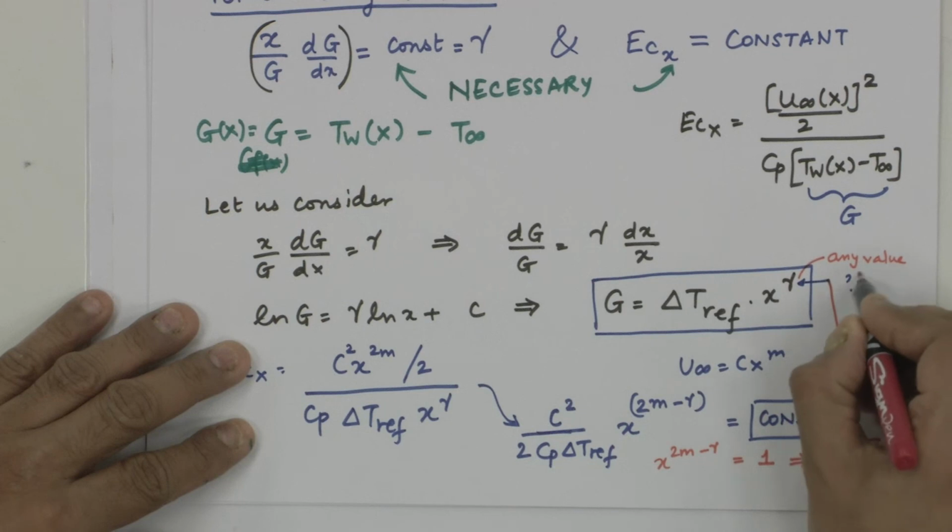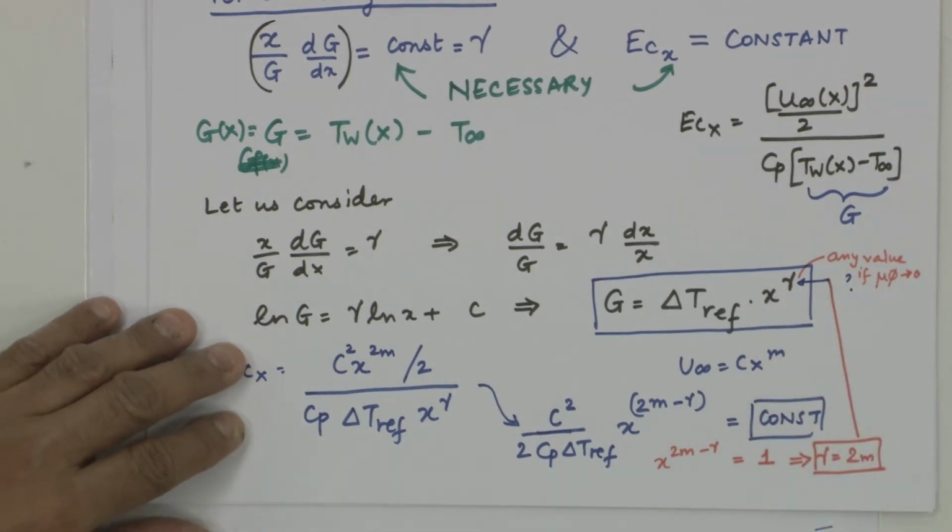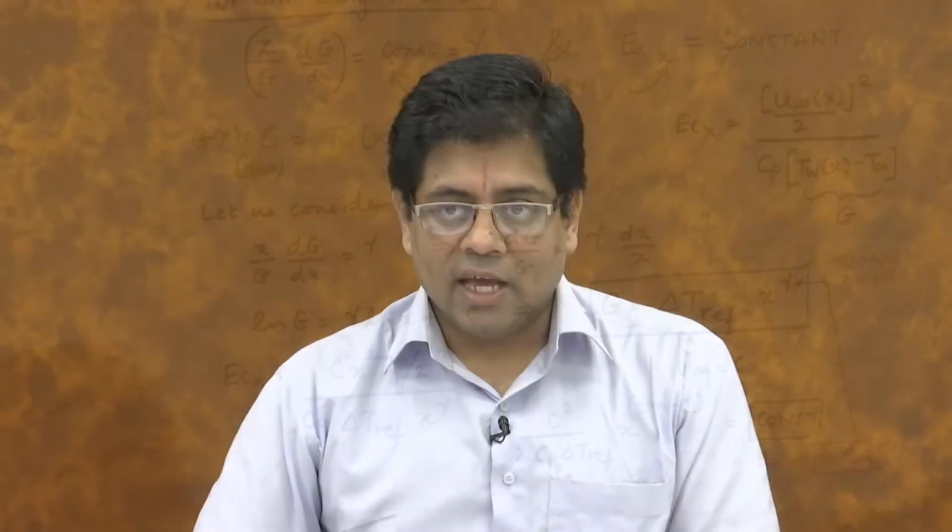So if viscous dissipation is there, gamma can take only the value 2m for similarity to exist. If viscous dissipation were not there, that is, the Eckert number went to 0, gamma can take any value, if mu phi was tending to 0. Okay, more on this in the next module.